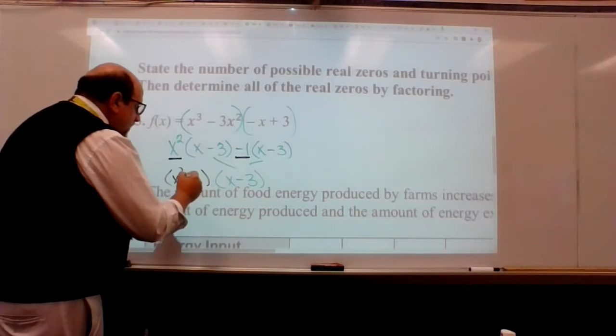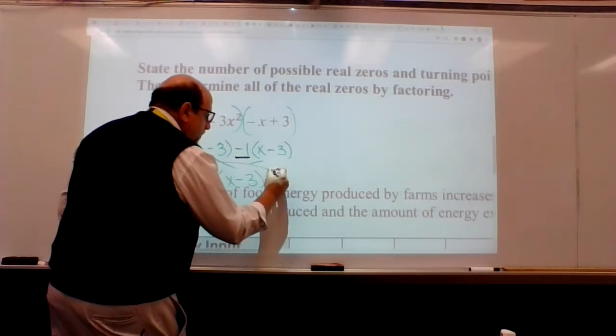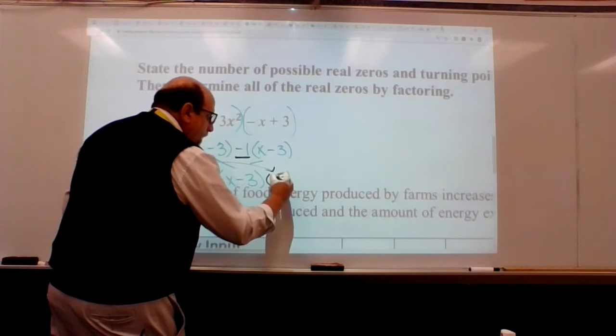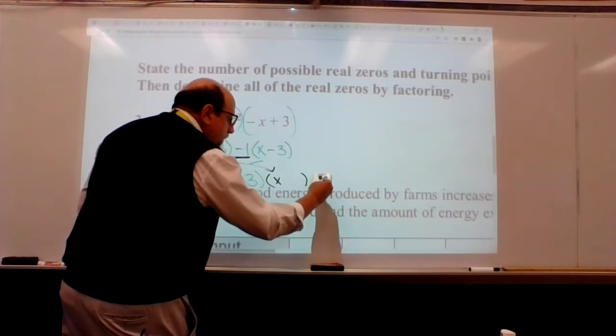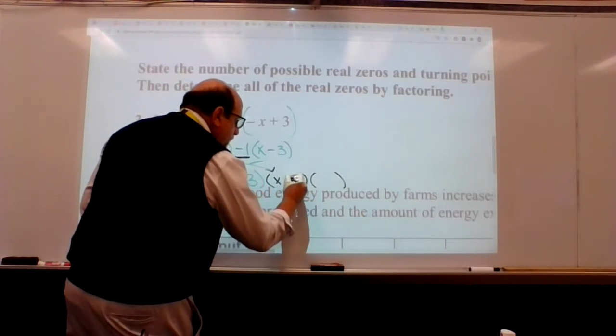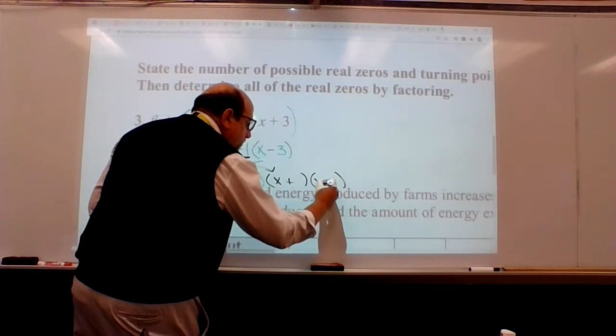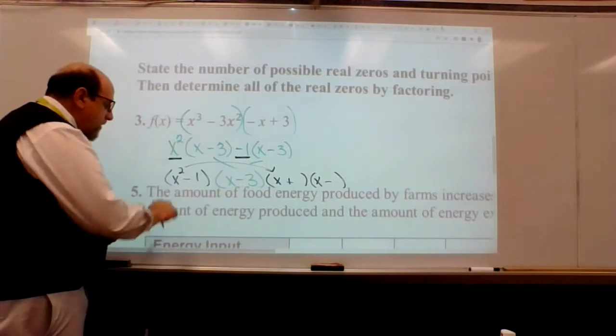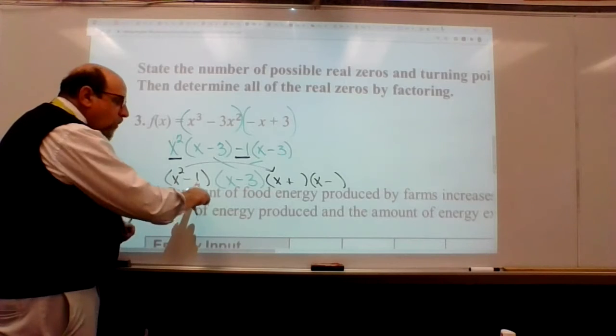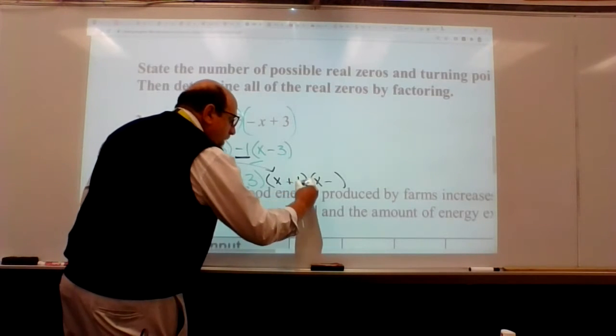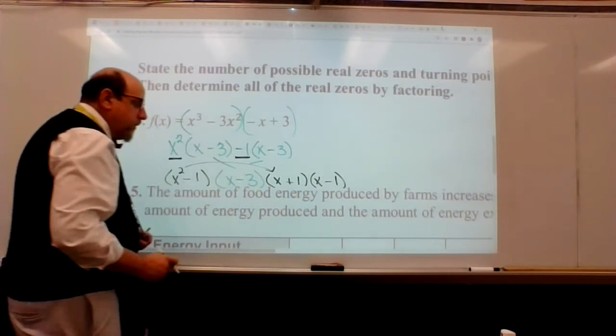So to break this down, I'm going to do it over here. I know that I have plus and minus and an x times an x, because that gives me x squared. What times itself gives me 1? 1 and 1.